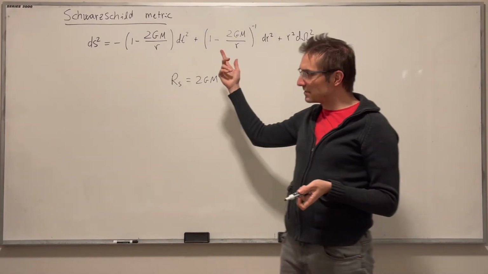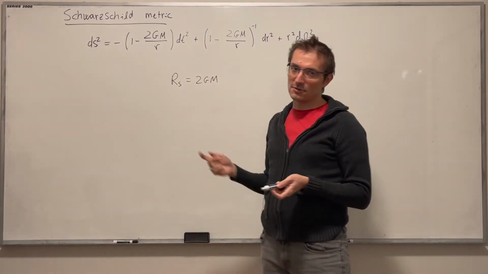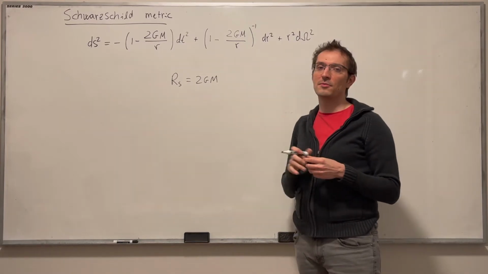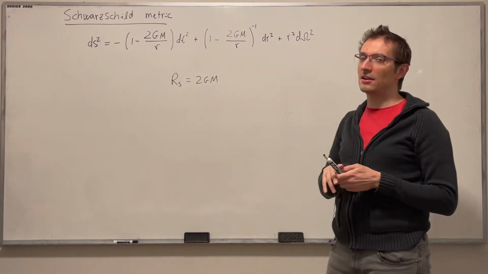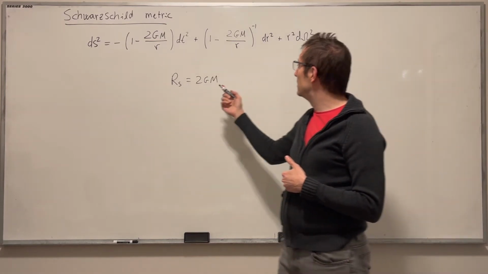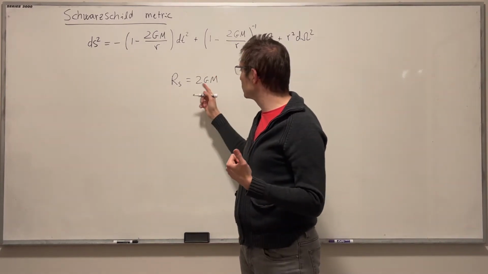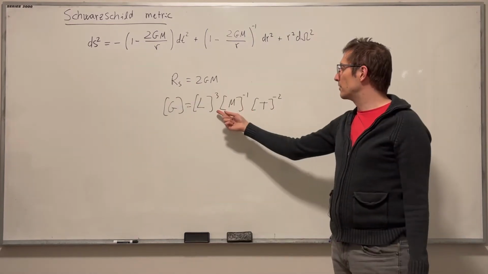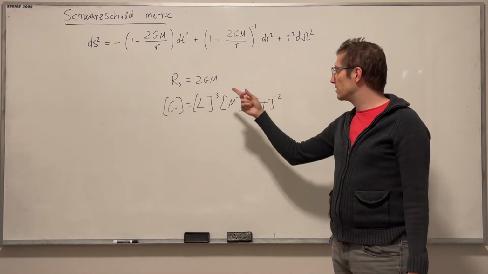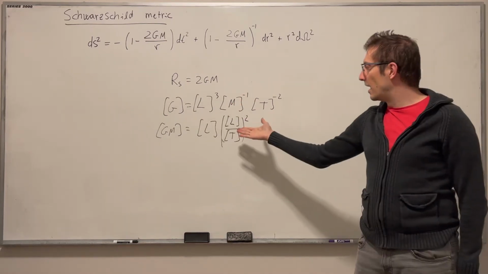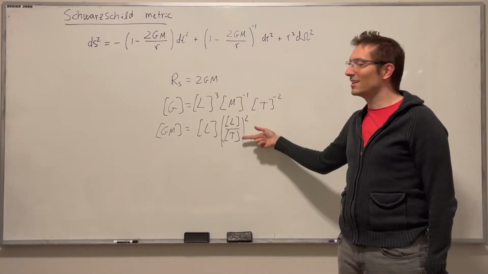Now, notice that this is the Schwarzschild radius in natural units. We can quickly obtain the expression for the Schwarzschild radius in full units just with some dimensional analysis. We know that the units of G are length to the power of 3, mass to the power of minus 1, time to the power of minus 2. Therefore, the units of G times M are length times velocity squared.